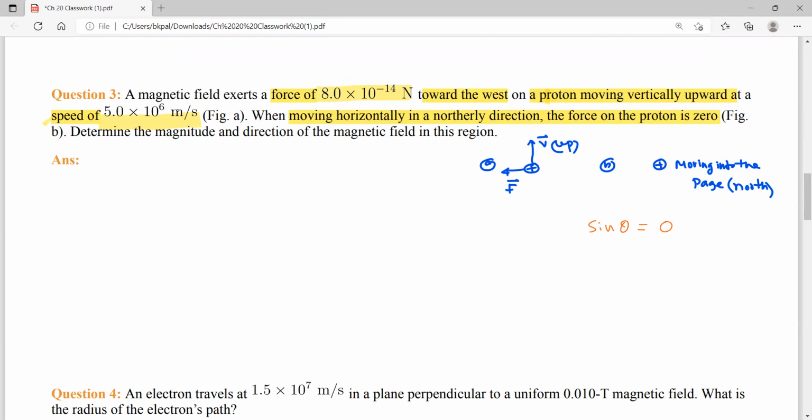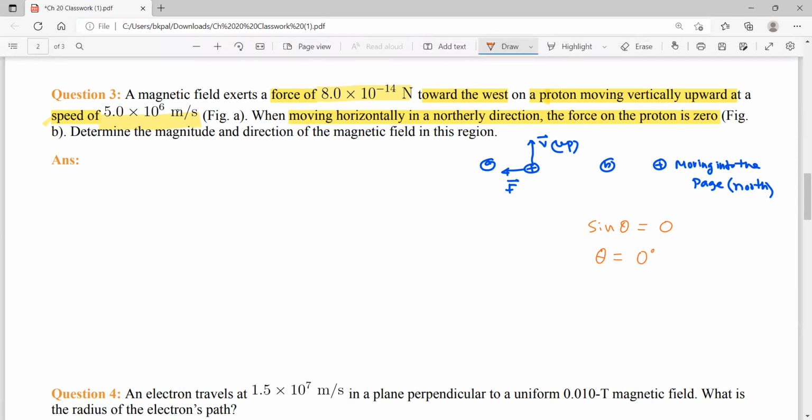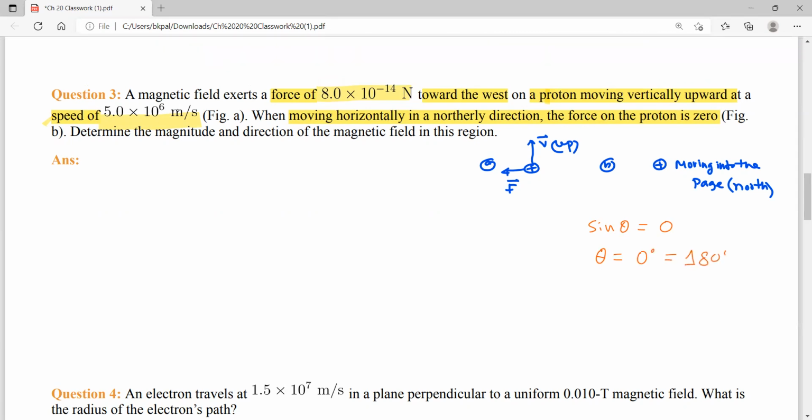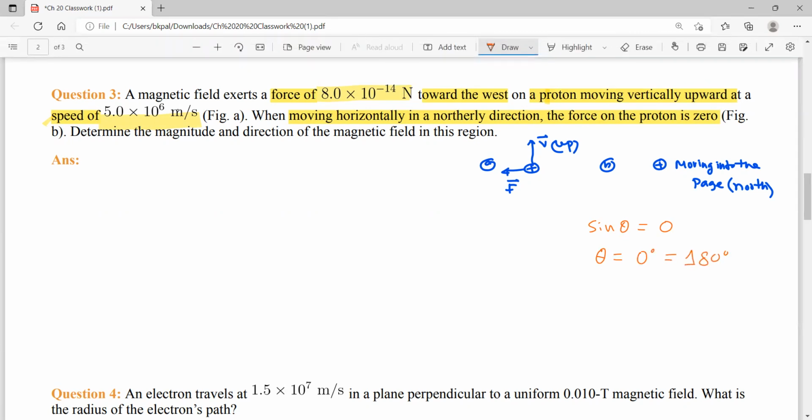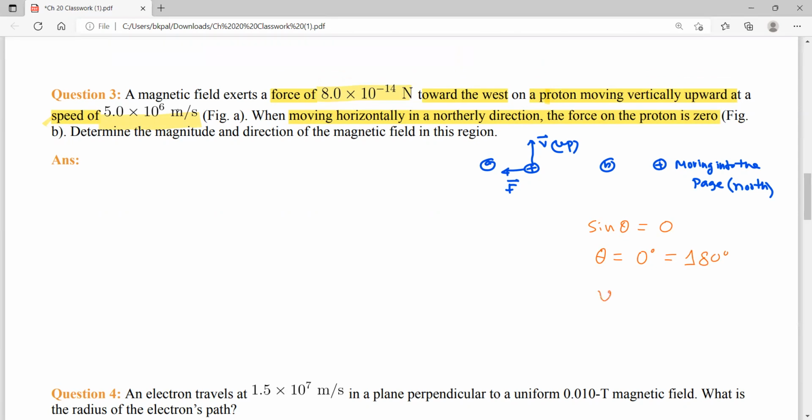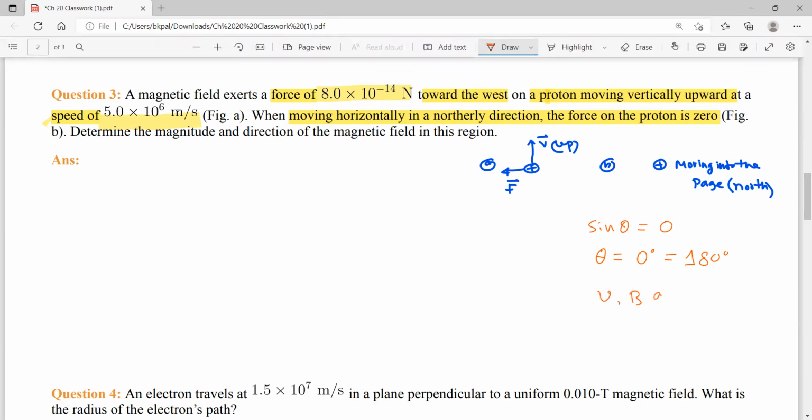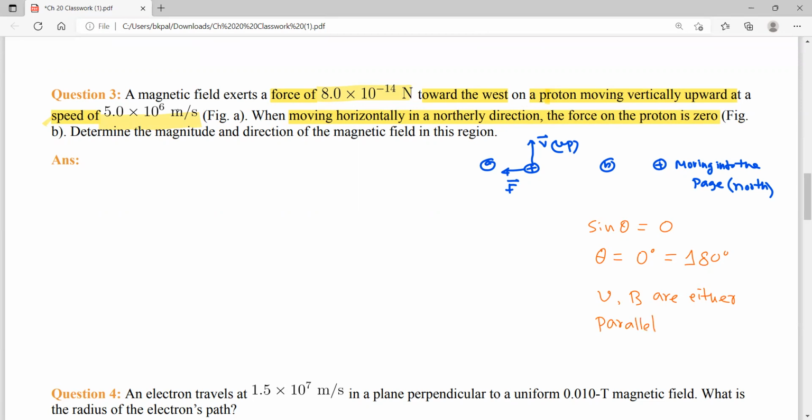So sine theta equals 0 when theta equals either 0 degree or 180 degree. So that means when V and B are either parallel or anti-parallel.